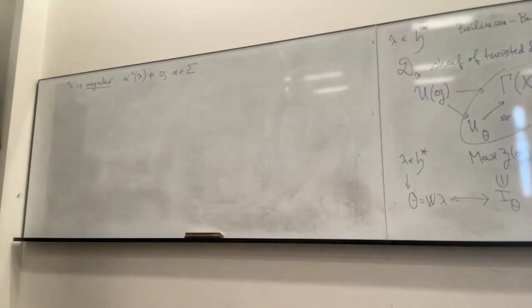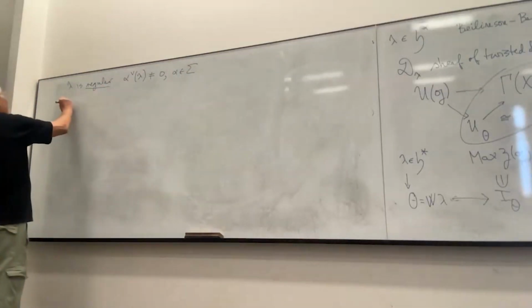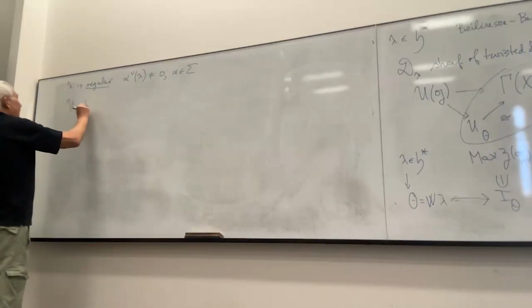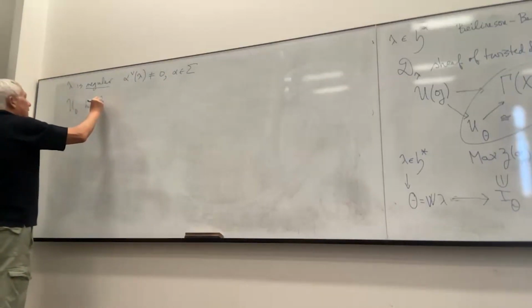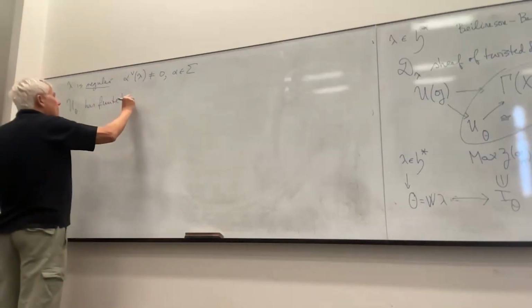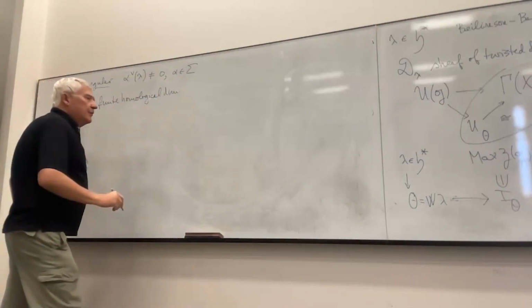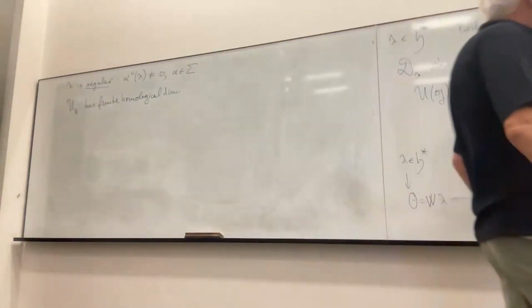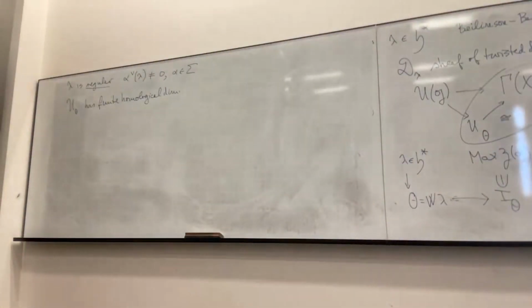Under this condition, U theta has finite homological dimension. Therefore, the localization functor has finite left homological dimension. And by formal reasons, this gives us adjointness of the corresponding derived functors.